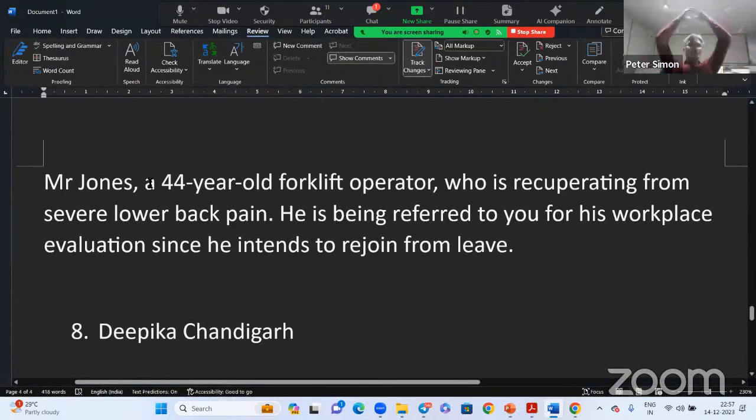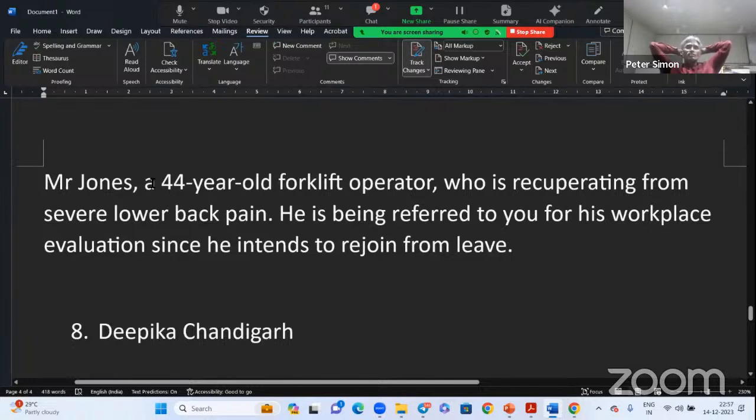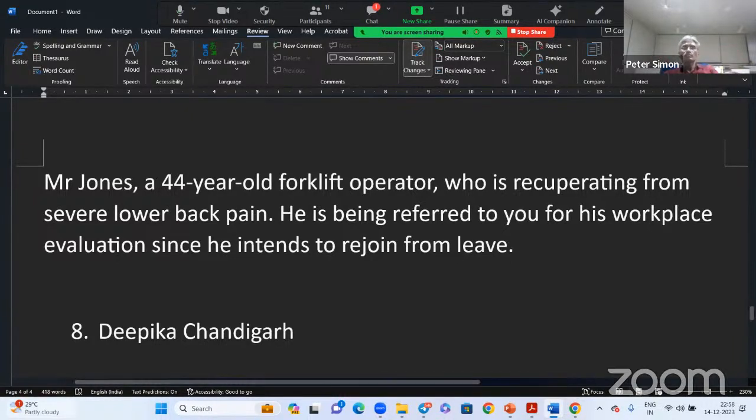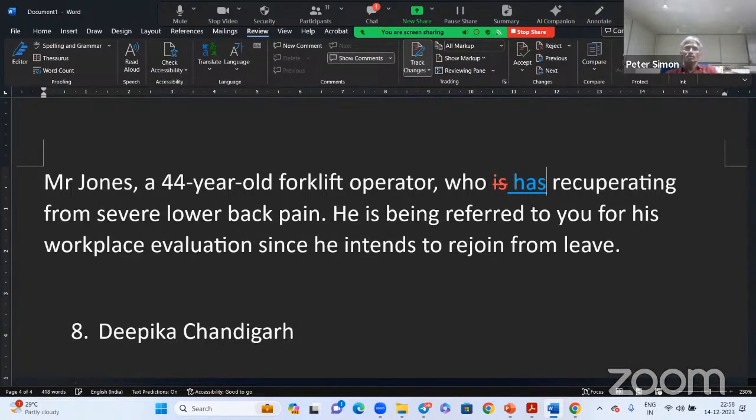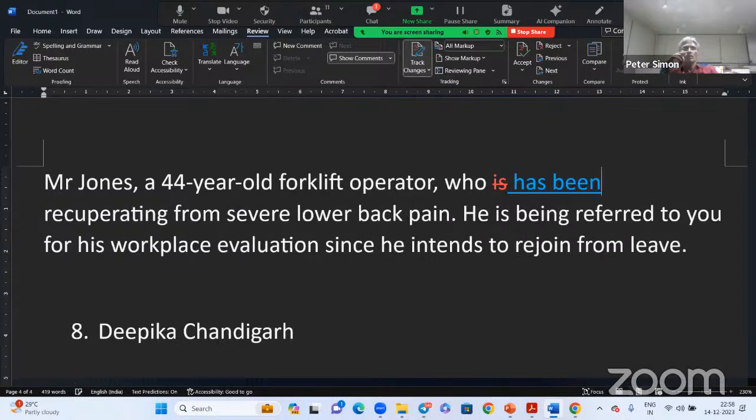Mr. Jones, a 44-year-old, very good, forklift operator who has been recuperating from severe lower back pain.